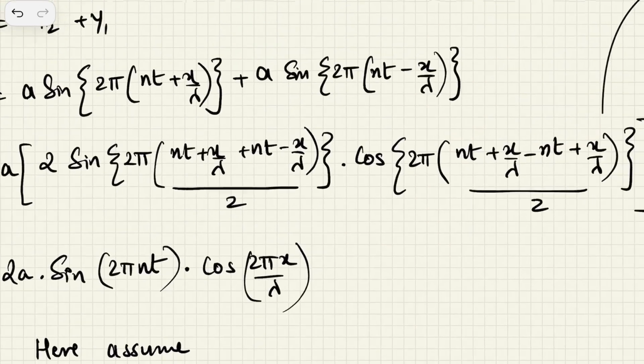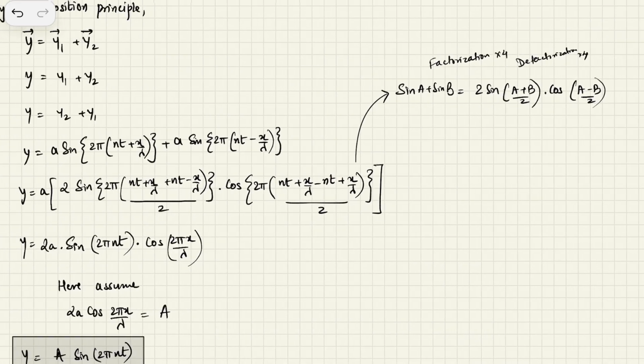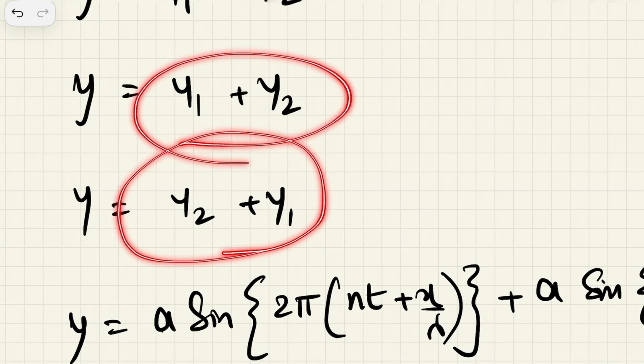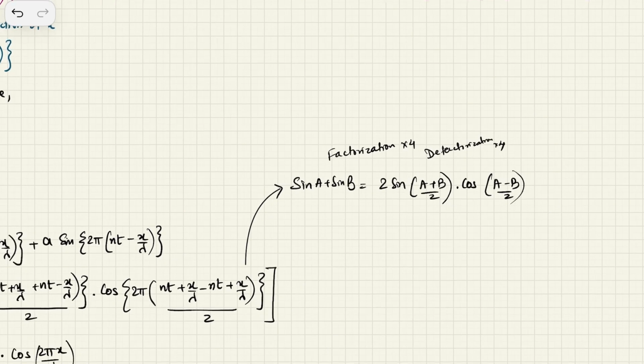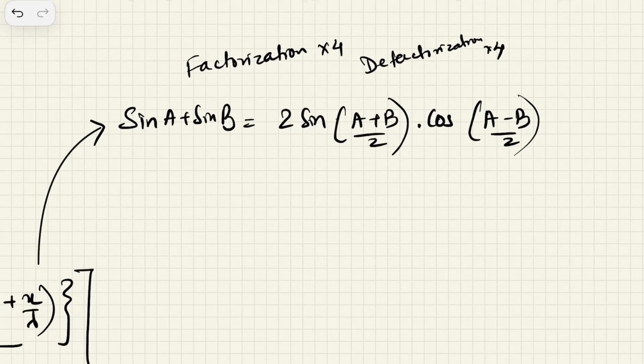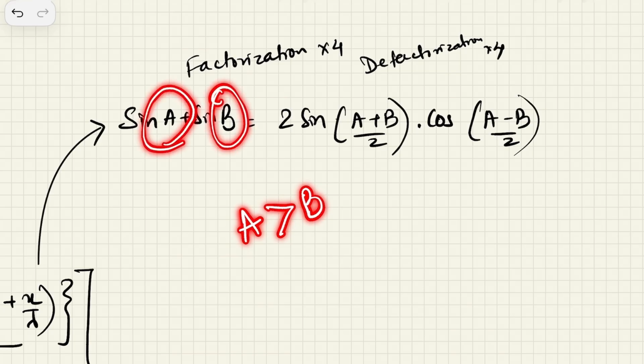Also, I just mentioned why I have taken y2 plus y1 and not y1 plus y2. When you apply this factorization and defactorization formula, there is a condition that angle A should be greater than angle B, and only then you should apply the formula. This is a condition in math.